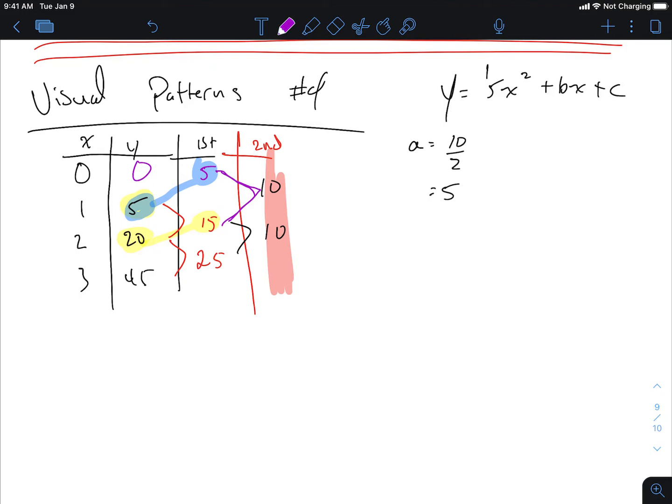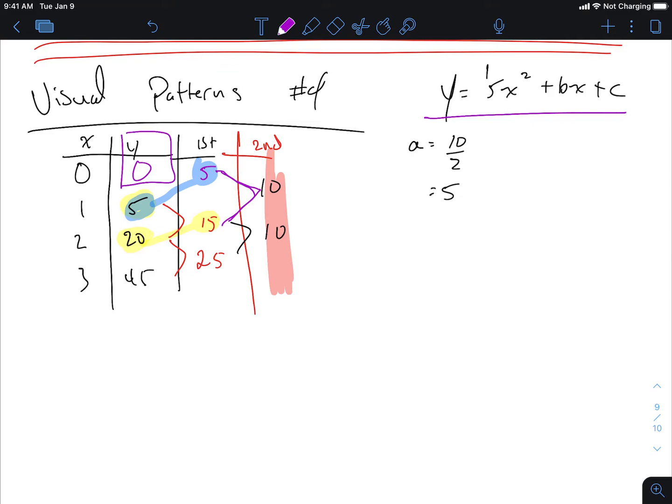This value right here is C. It's your y-intercept. That should mean something to you based on what we did this morning already with the matching exercise. Where did we get the y-intercept from in our equation? Tobias.